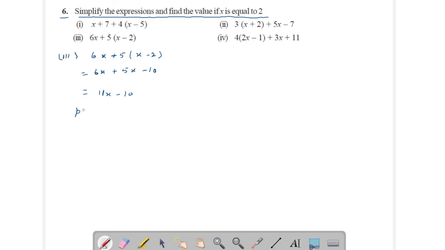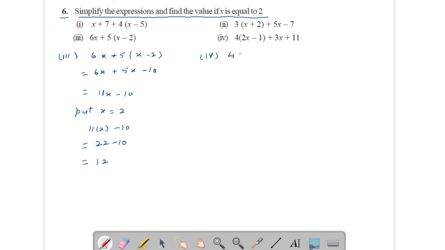Put x is equal to 2. What will you get? 11 into 2 minus 10. 11 into 2, it is 22 minus 10. If you subtract 22 minus 10, you will get 12. This is your answer.